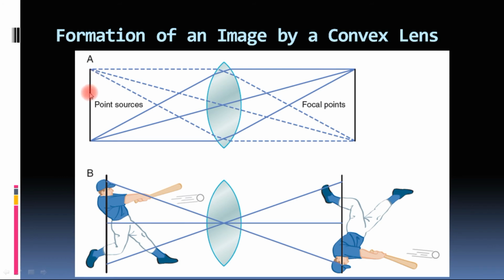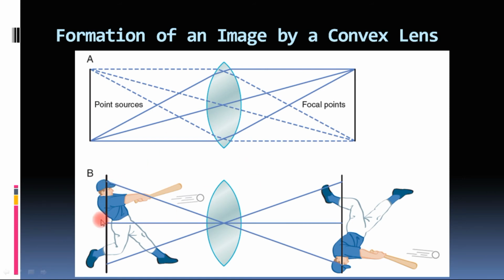The light rays which are coming from the bottom of the object, the point source at the bottom of the object, will be focused here on the top. So we will get an inverted image by the convex lens.